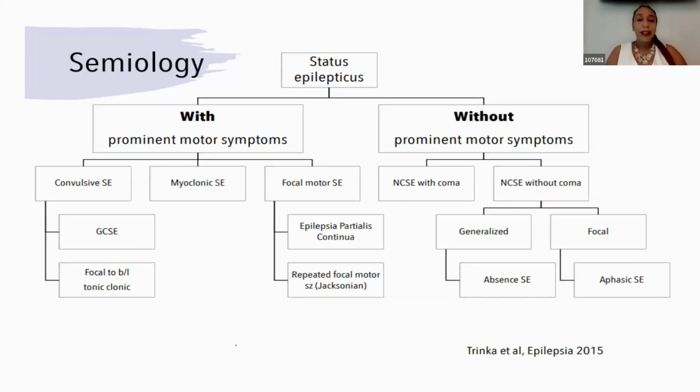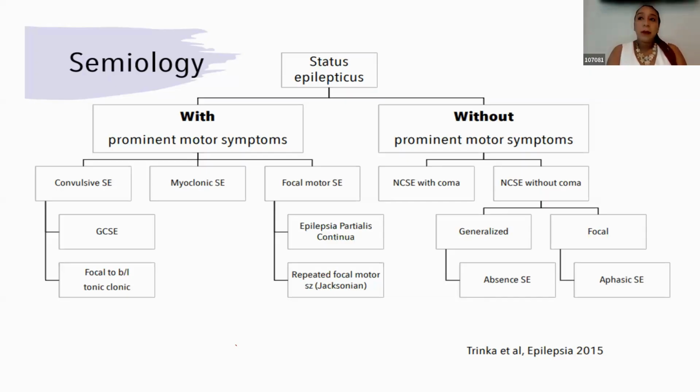I won't go in detail, but without prominent motor symptoms, again, we have convulsive status with coma, and then the one without coma, right? And without coma, it could be generalized if you have the ability to look at their EEG. Their pattern is throughout all the fields, where focal could be in just the temporal, parietal, left, right, occipital, kind of like that.